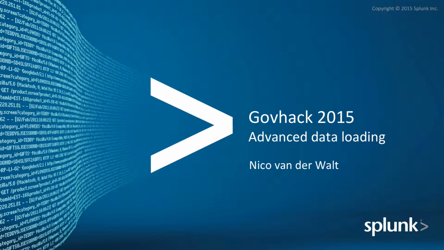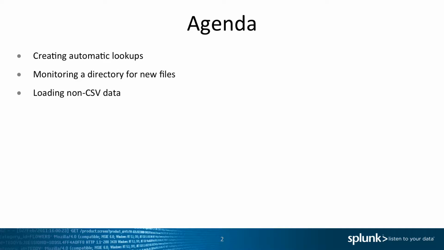This video has been prepared for GovHack 2015 and today I'll be exploring some advanced data loading techniques. What you would have seen in the downloading, installing and importing data tutorial is how to load a single CSV file into Splunk. In one of the other videos, the advanced search tutorial, you will see how to query using that data using lookup tables.